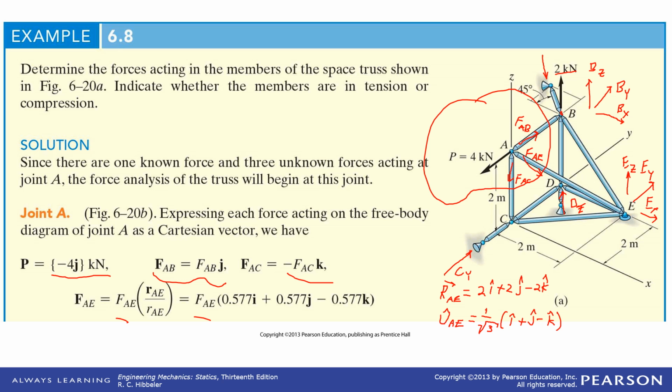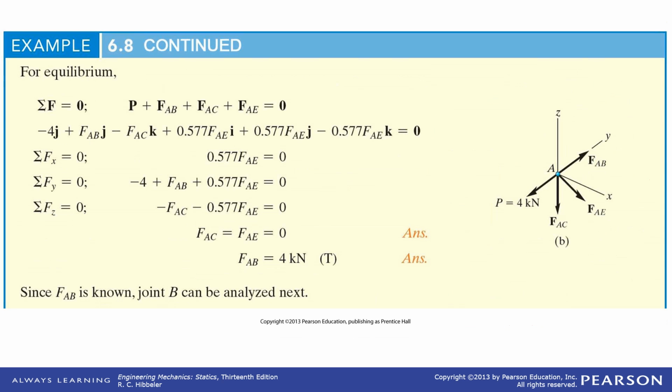Okay, so we've got our stuff set up. We just have to set up the summation of forces there to equal 0. The summation of the forces in the x direction gives you this equation. In the y direction gives you this equation.